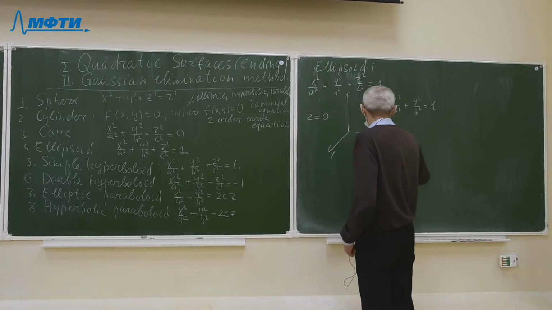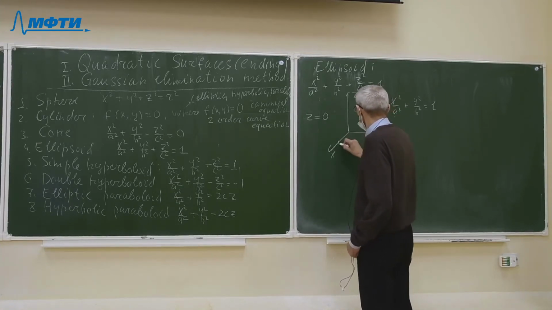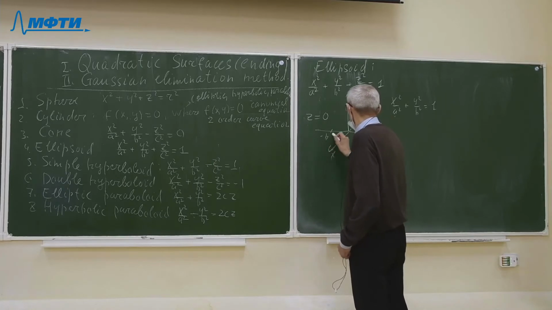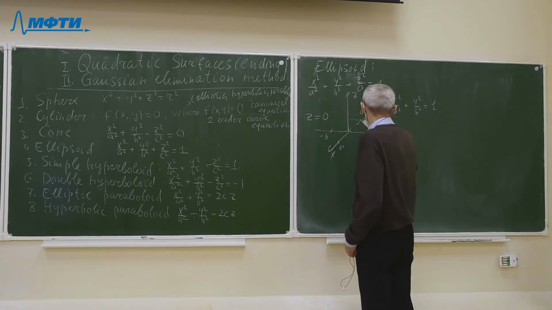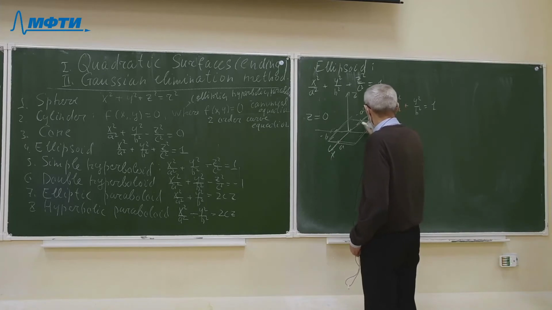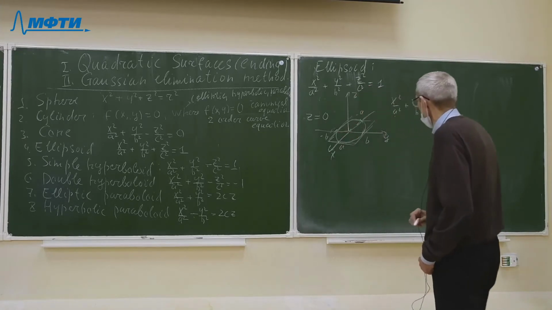x, y, z, a, minus a, b, minus b. We obtain the ellipse.